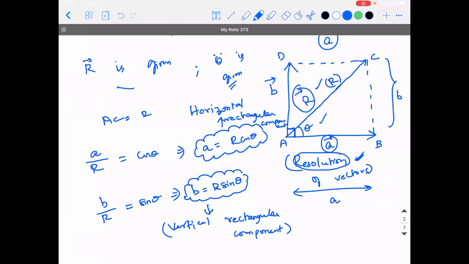If there is a vector and an angle given, then the given vector can be resolved into two perpendicular components. And this process is called the resolution of vectors.